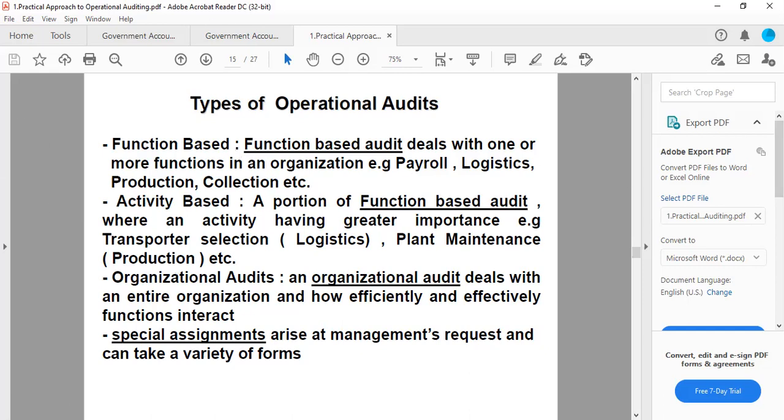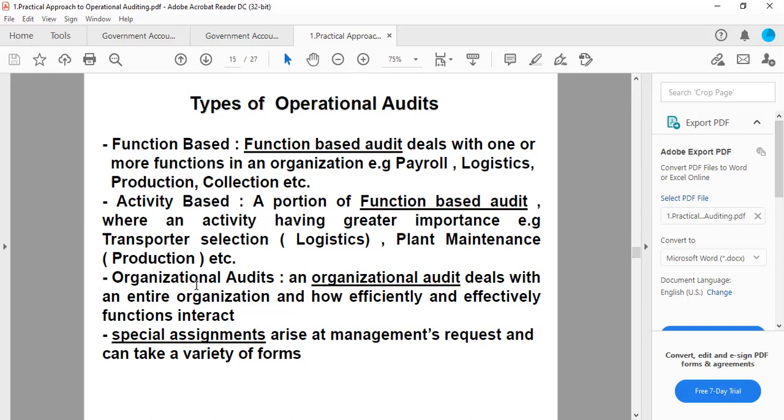For activity-based, this would be a portion of the function, so much more specific than function-based, where an activity has greater importance, for example, transporter selection from logistics and plant maintenance from production. So we can be very specific in terms of the audit.